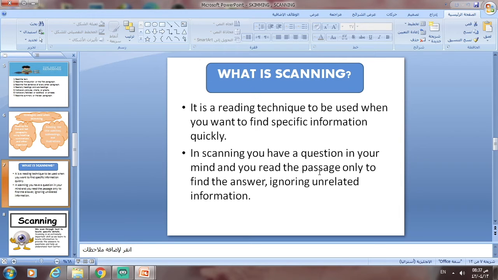In scanning, you have a question in your mind, and you read the passage quickly only to find the answer, ignoring unrelated information.